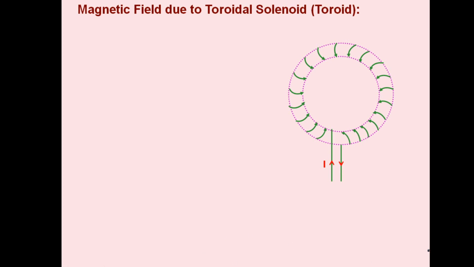So current passing through it will produce magnetic field in this direction. dl is the small current element for the closed path. Magnetic field is also in the same direction, so the angle will be 0, and radius is r for this. Magnetic field at the center is 0, outside is also 0, so magnetic field will be confined within the toroid. So inside it is not 0, that we have to find.